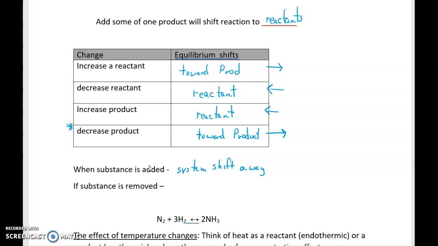If a substance is removed, the system will shift toward. You can kind of think of it as if you're removing something, the system wants balance, and it will make more of whatever is being removed.